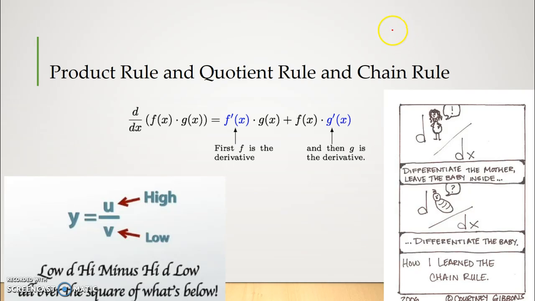The mathy notation for the chain rule is if you are taking the derivative of a composite function, then the derivative would be the derivative of the g, the parent function, with the function inside left alone, times the derivative of the baby.